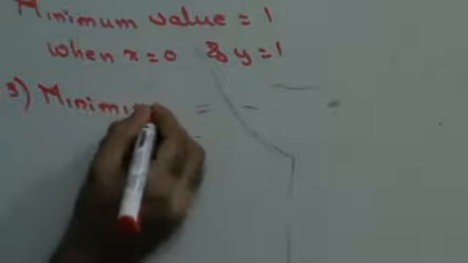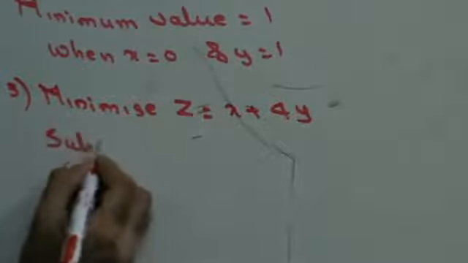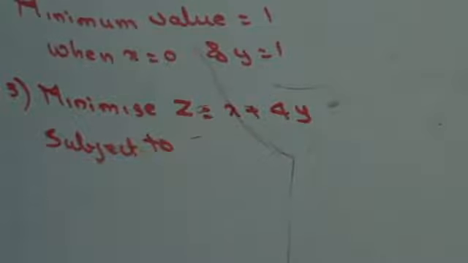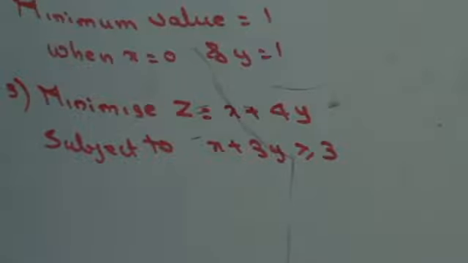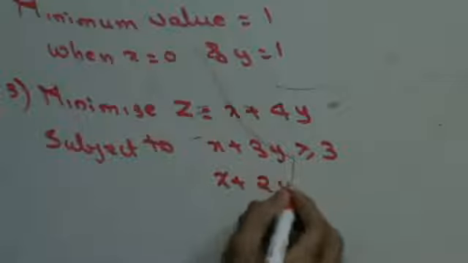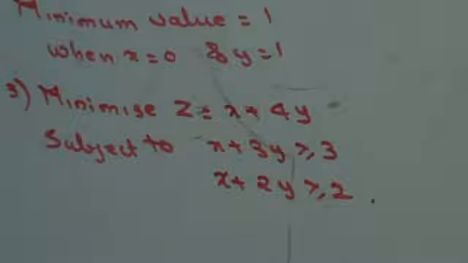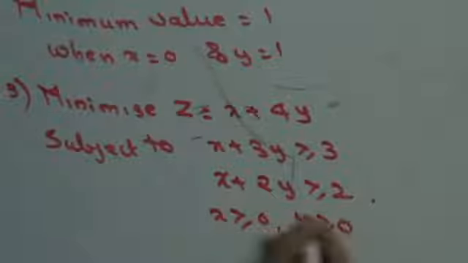Next, minimize Z = x + 4y subject to x + 3y is greater than or equal to 3 and x + 2y is greater than or equal to 2, and x is greater than or equal to 0, y is greater than or equal to 0.